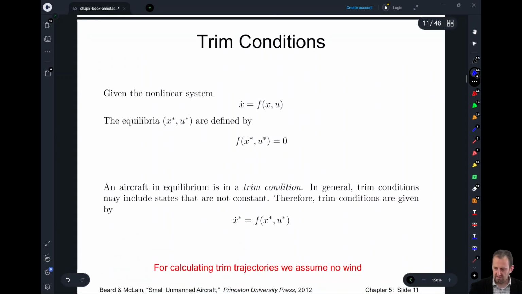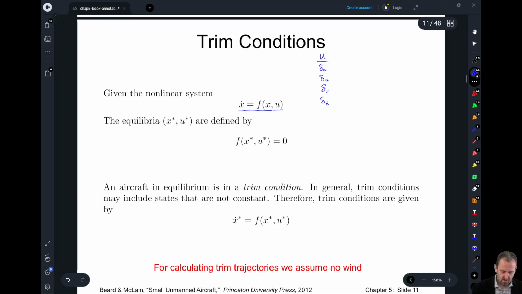So given a nonlinear system, x dot is equal to f of x, u, and remember that we've seen this several times before. For us, u was generated by delta E, so our elevator, our aileron, our rudder, and our throttle.